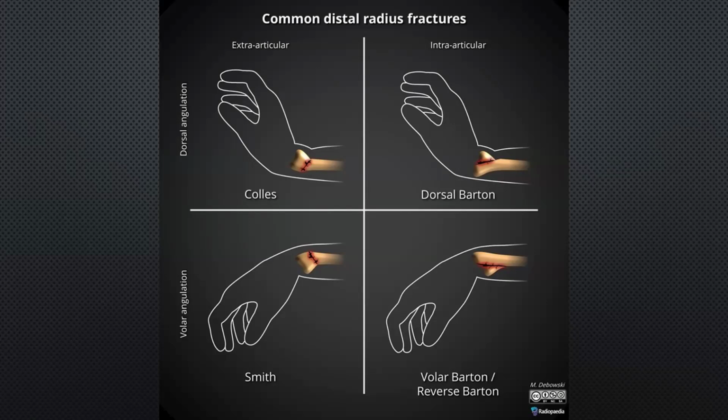In dorsal position, we have Colles fracture. If it is extra-articular, we call it Colles, and if it is intra-articular but dorsally displaced, we call it Barton fracture. Similarly, if it has ventral or volar angulation, we say it's Smith fracture, and if it is intra-articular with volar displacement, we call it reverse Barton fracture.